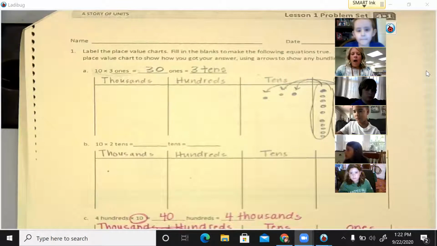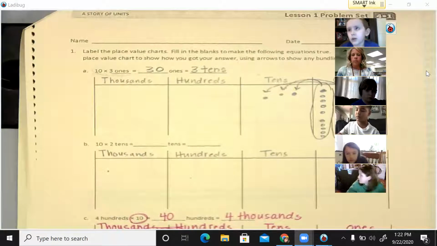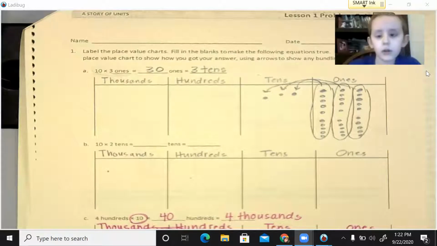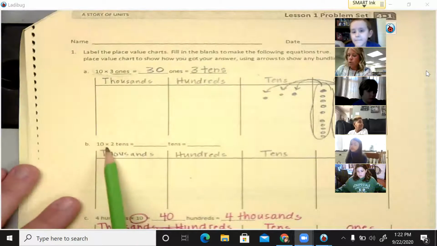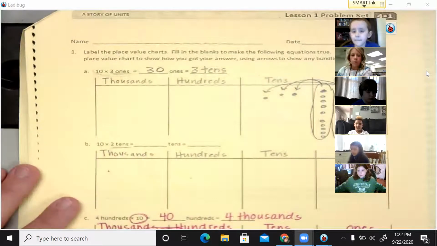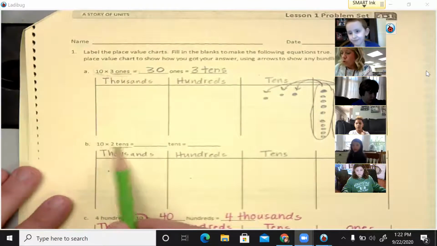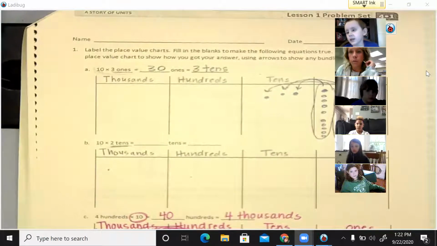Now. Tyler, where am I going to start in this question? Where am I going to draw my first discs? So I have 10 times 2 tens. Where can I put my 2 tens? In which column? Ones place. No, we don't have ones. We have 2 tens. So what place value column will we start in?